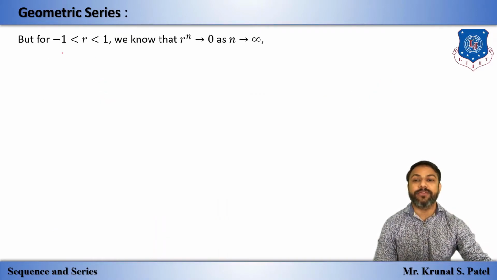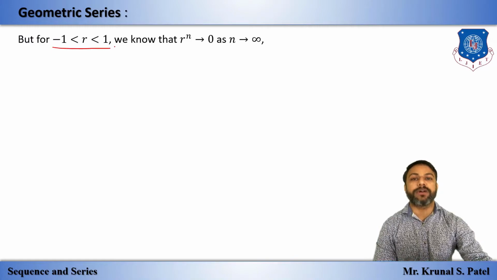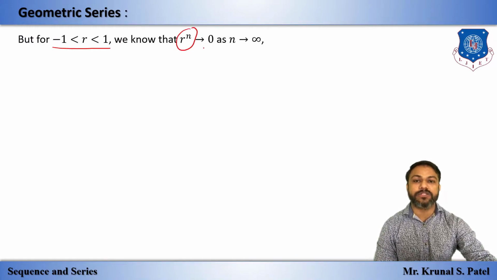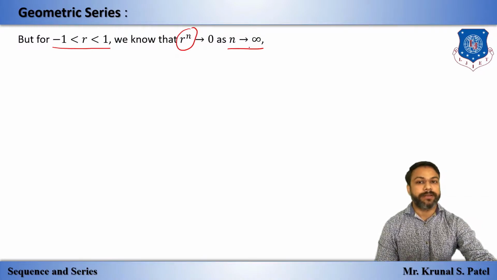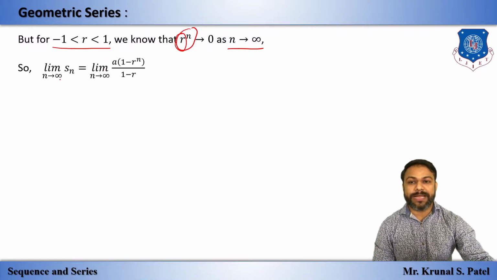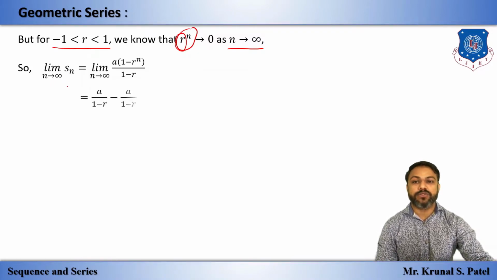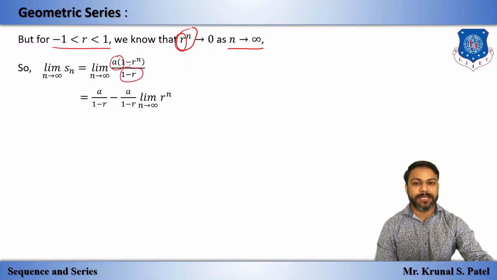If r is between minus 1 and 1, then r^n tends to 0 as n tends to infinity. It is clear, because r lies between minus 1 and 1, and something raised to infinity in the denominator gives 0. So we can now find the limit of Sn. We can separate a into 1 by (1 minus r) and a r^n by (1 minus r). The term a by (1 minus r) stays outside the limit, and as I told, the r^n term is 0 as n tends to infinity.